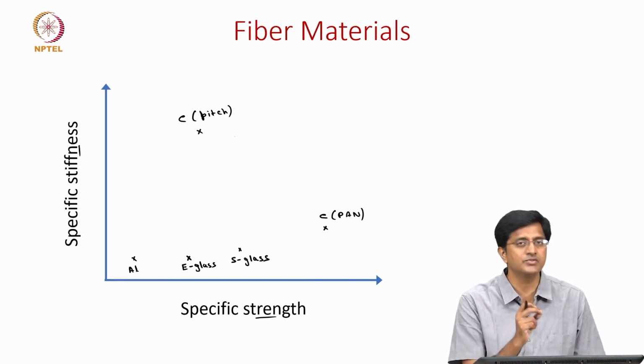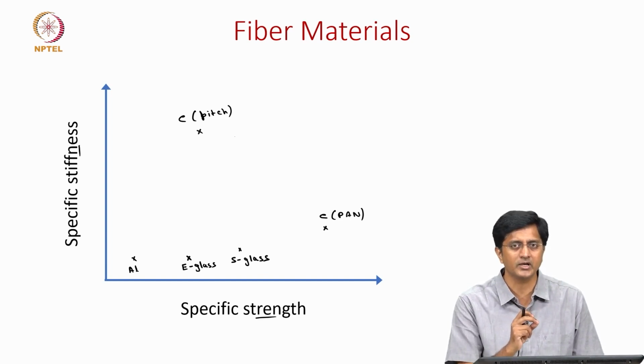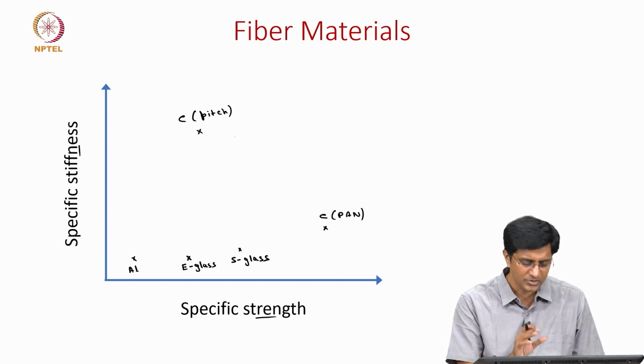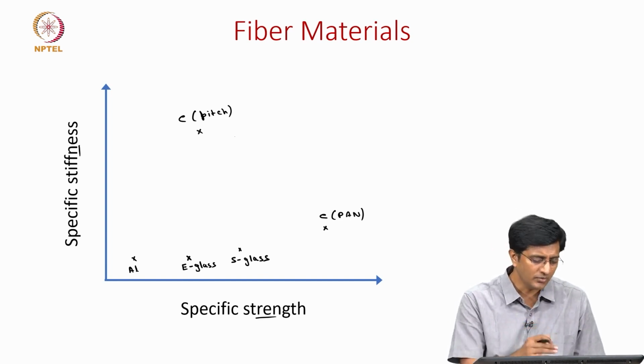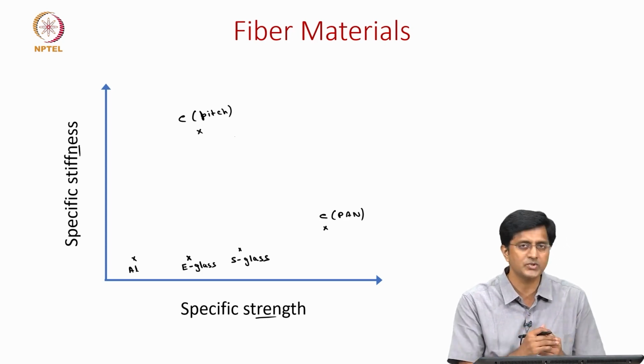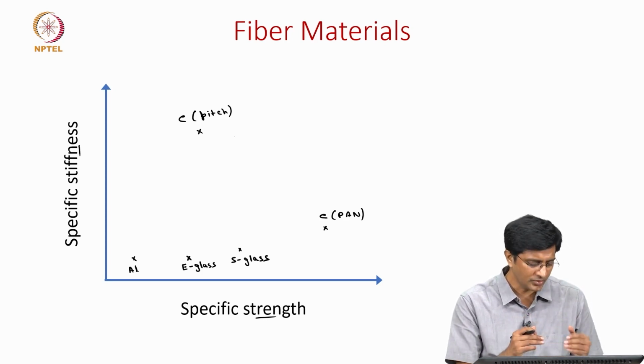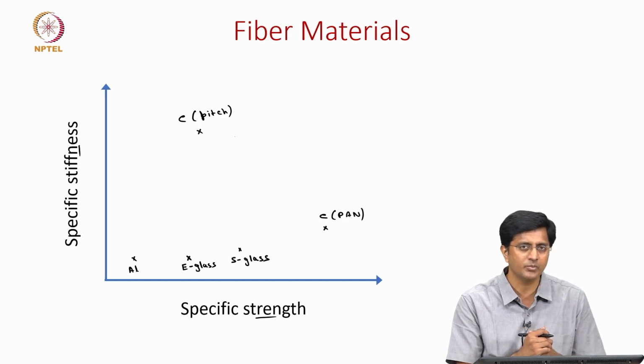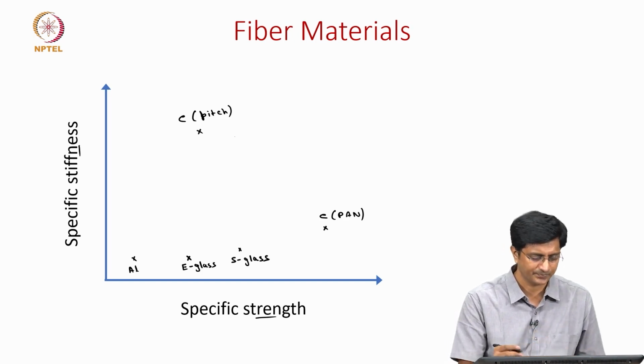But if stiffness is a requirement for a particular application and strength is okay, then we can go to the carbon fibers made from pitch, because their specific stiffness is much higher, not just compared with metals, but also compared to glass.